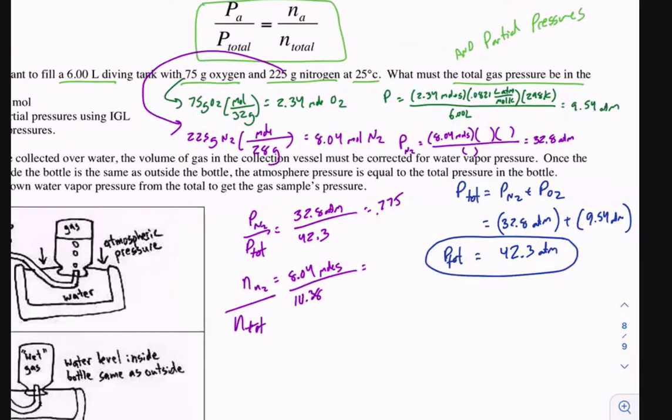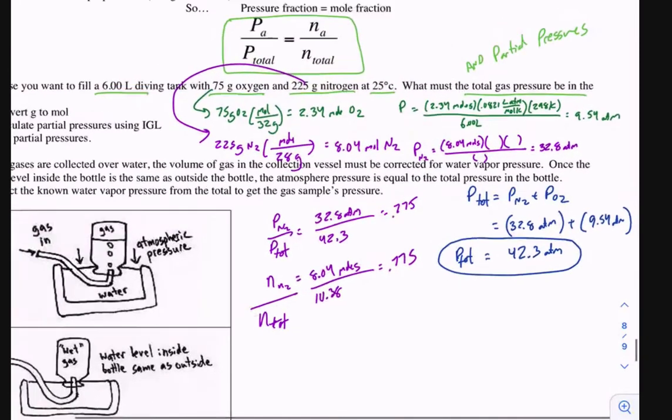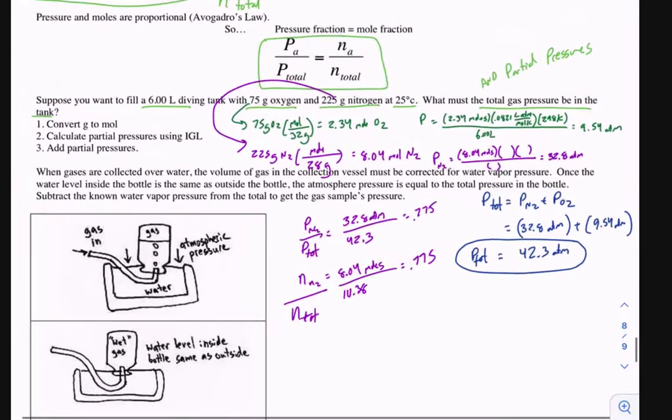Oh, look at that. The pressure fraction and mole fraction for nitrogen are the same. Okay, so it's a relationship. It's fairly straightforward. The key point is that the sum of all individual pressures equals the total pressure, and that mole fraction equals pressure fraction. If you remember those two things, you'll be able to solve a lot more problems.